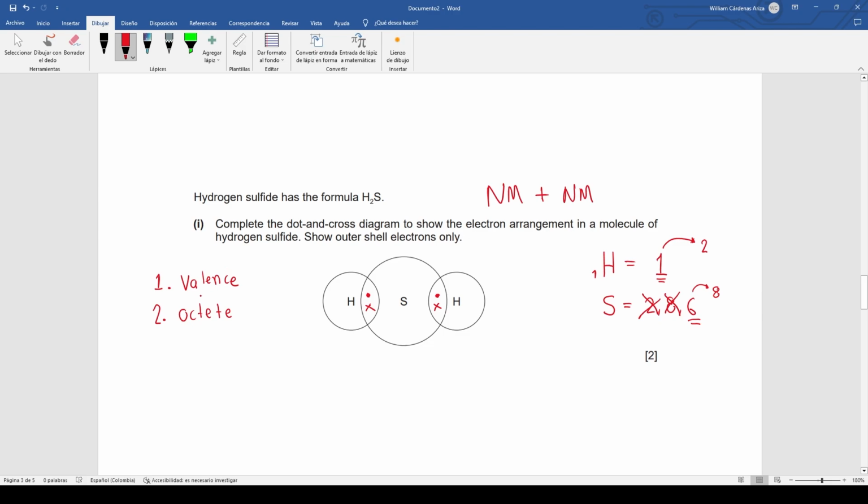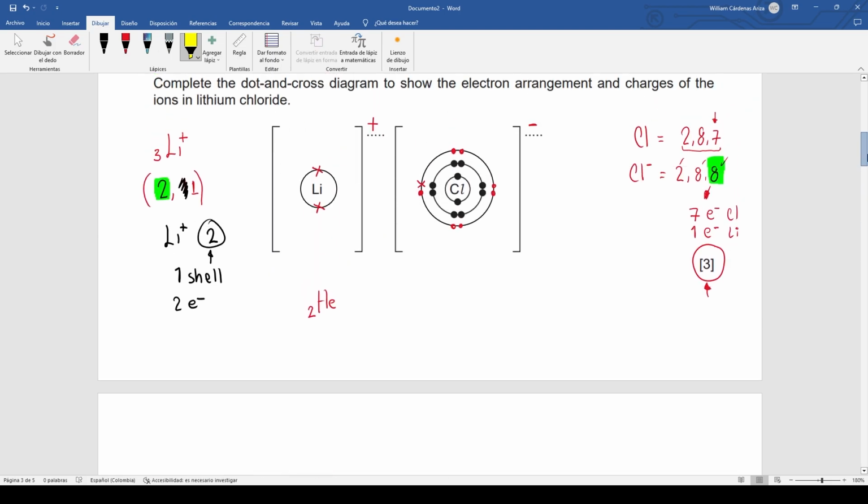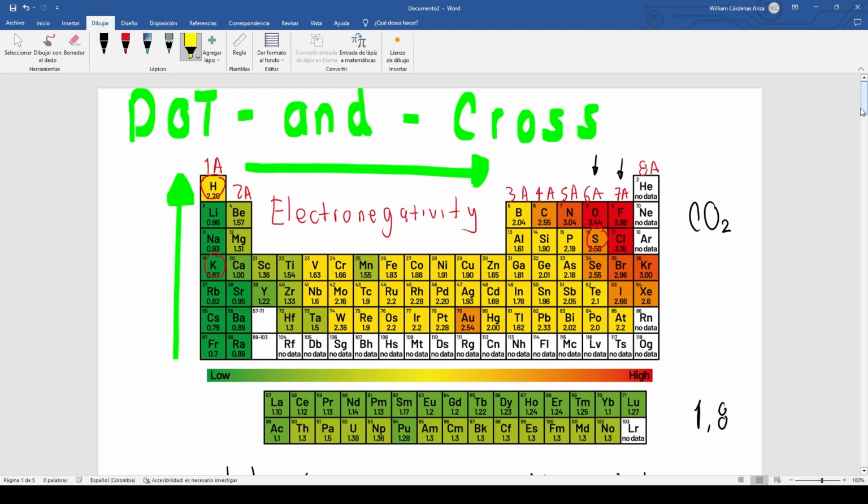If they have these 2 requirements, the exercise is well executed. So in this case, valence is this number here, 1, or 6 in the sulfur, and those are the electrons that are in the outer shell. Also remember that the valence is given by the group of the periodic table. So elements in group 1A will have 1 electron in the valence shell.